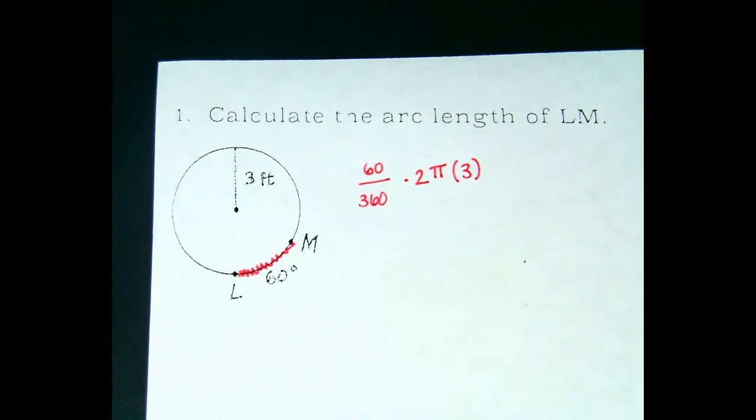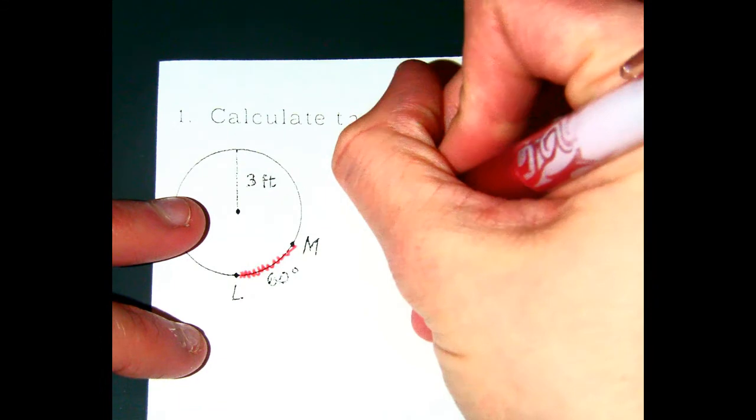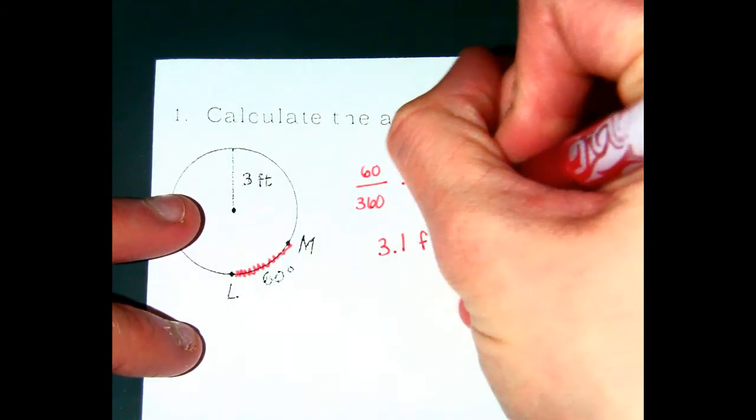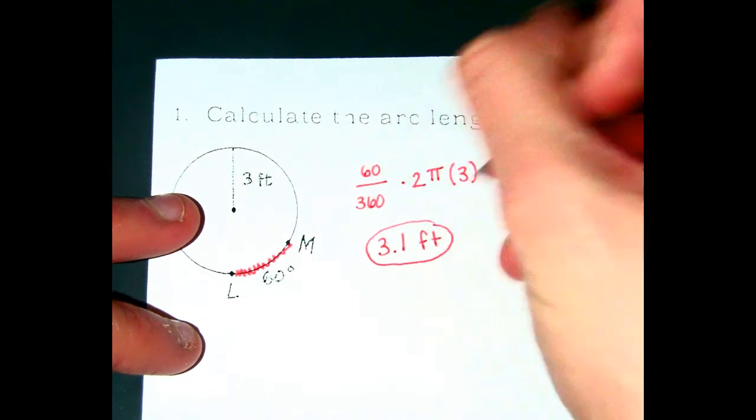Find out what 60 divided by 360 times 2 pi times 3 is. Use the pi button, round to the nearest tenth of a foot. 3 point what? It does come out as pi. 3.1 feet.